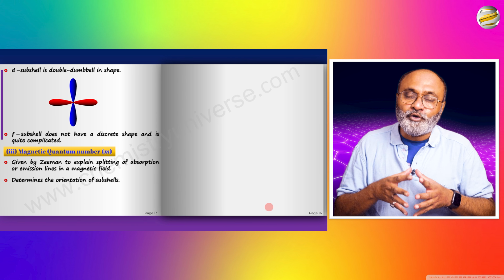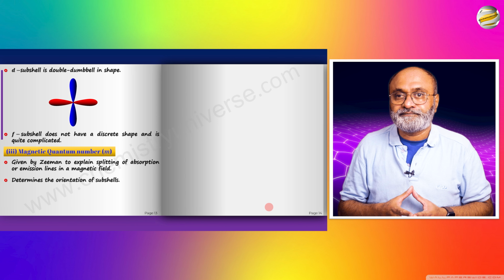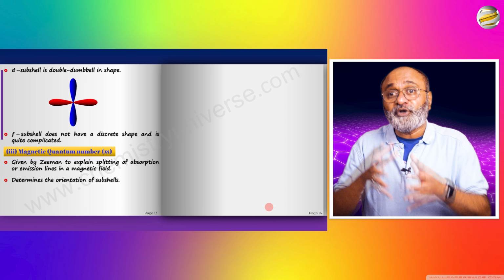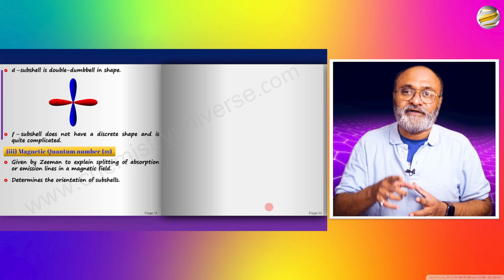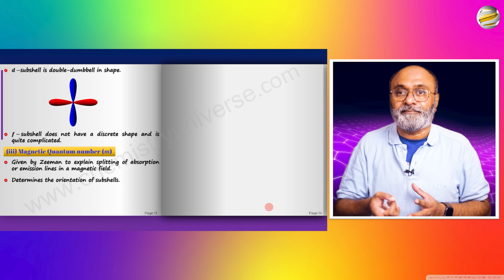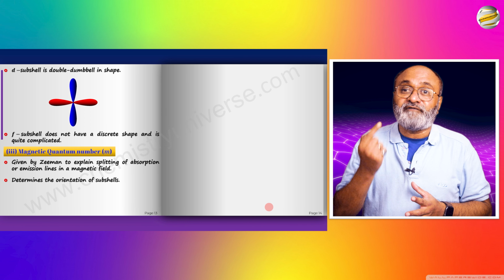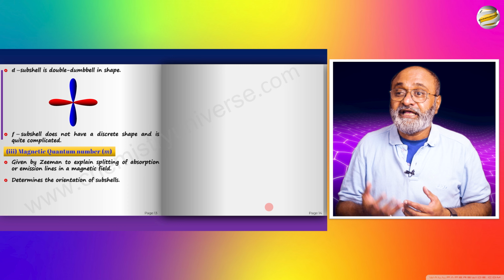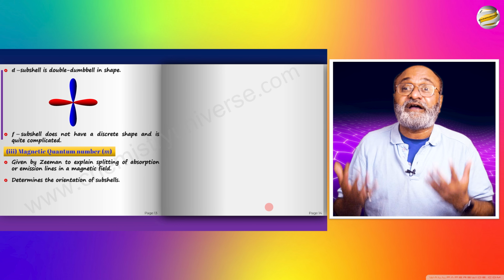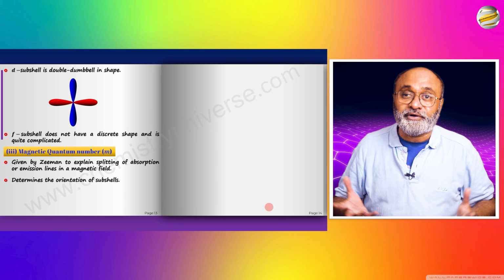So M denotes these orientations. The number of M tells you the number of different orientations, not the value of M, the number of values of M. So if M has only one value, it means it has only one orientation. If M has 3 values, it means it has 3 orientations. If M has 5 values, it means it has 5 particular orientations.